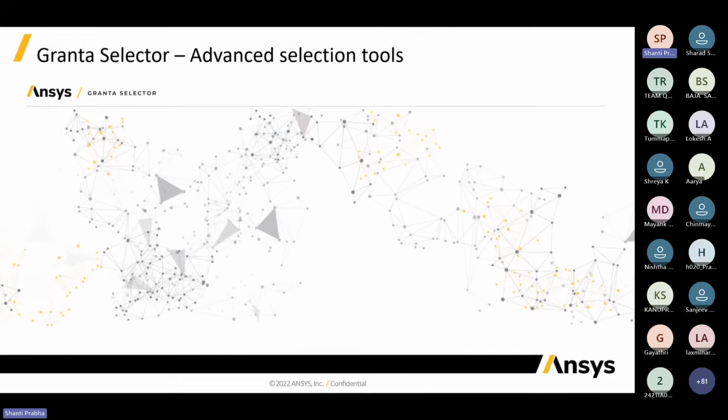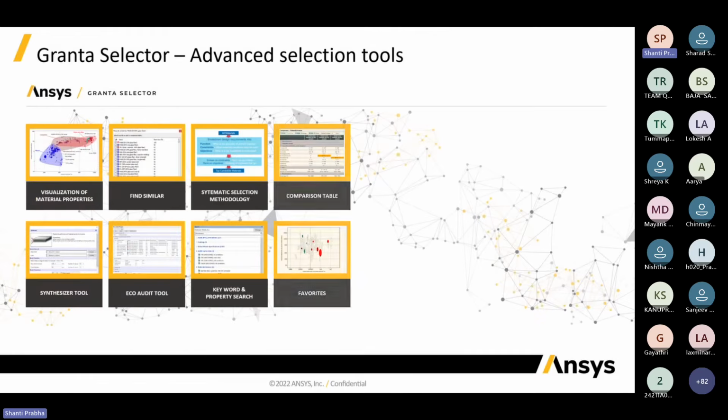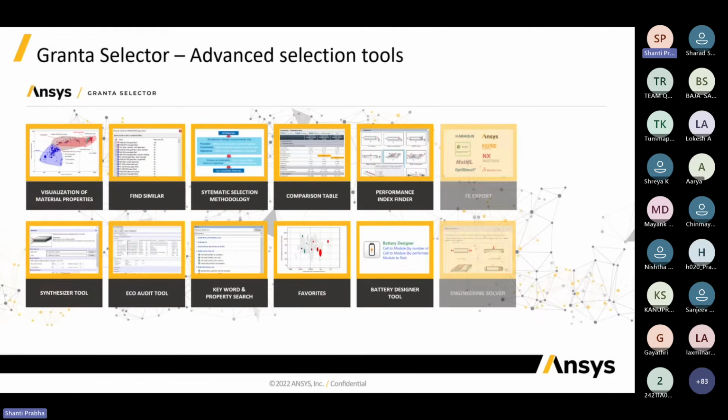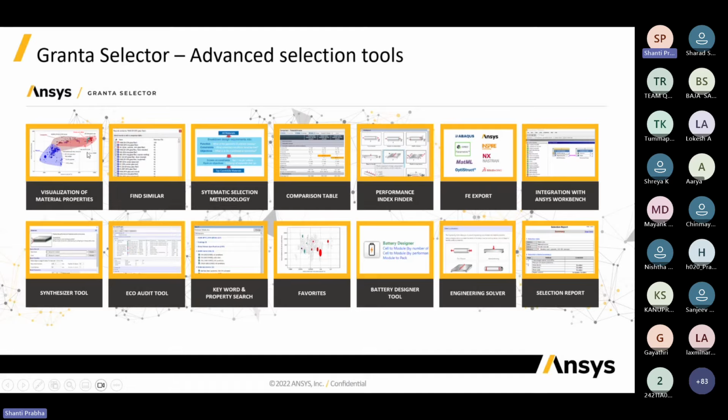So one more thing you can do: inside Granta Selector, there are many tools to help you select materials. These are for visualization, comparing, and so on. One of the tools is Eco Audit, and that will help you do sustainability analysis.